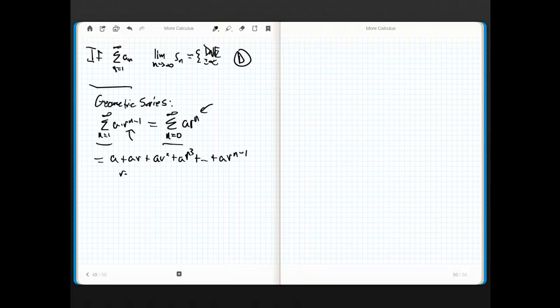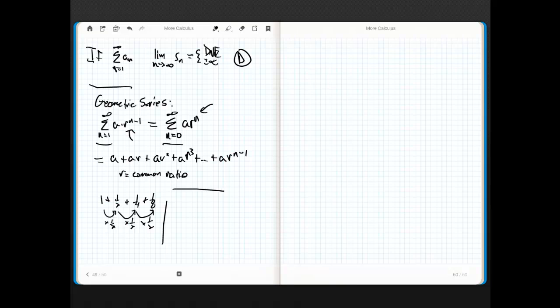Now, if you remember, r is called the common ratio. If you think about the one from the previous page, the 1 plus 1/2 plus 1/4 plus 1/8, all I did was multiply by a half to get the next term, multiply by a half to get the following term, etc. That's called the geometric series.